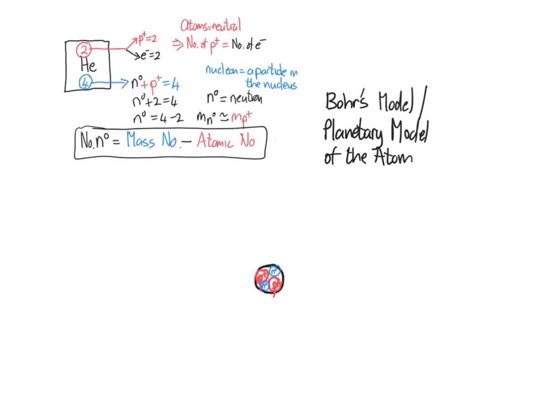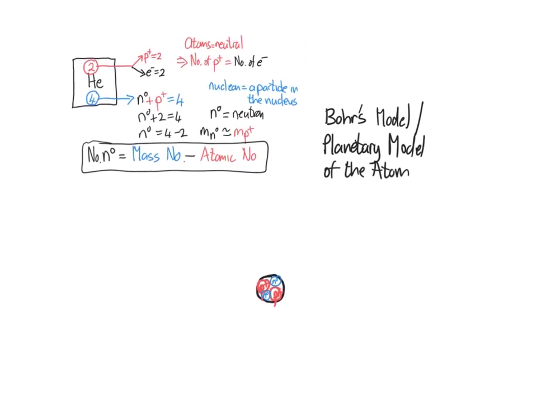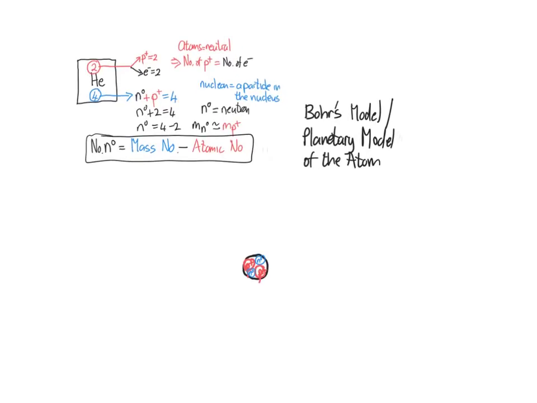Now, if you know a little bit about electrostatics, you will know that like charges repel, and 2 positive charges put close together are going to repel. So the only way that the nucleus can remain intact is if there is another force equally strong or stronger than the electric repulsion that overcomes the tendency of these protons to push apart and keeps them all together.